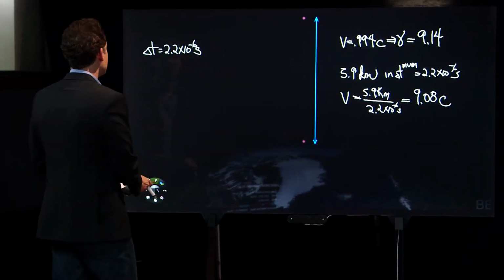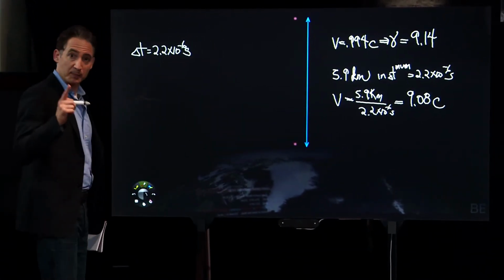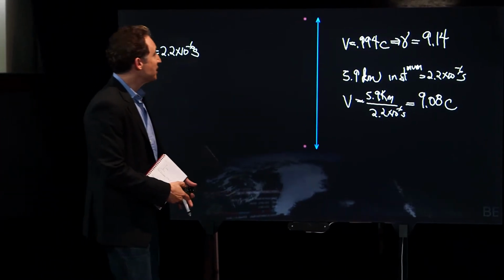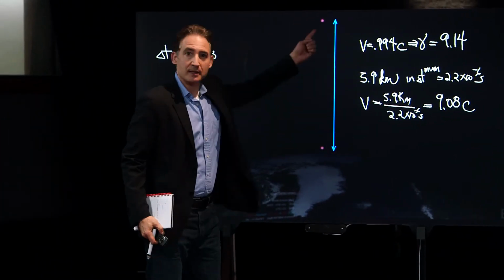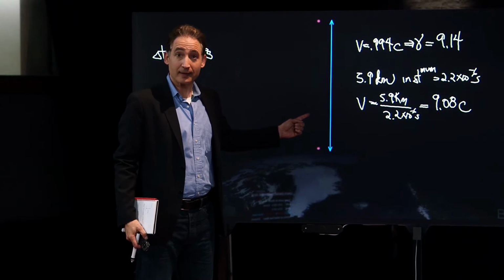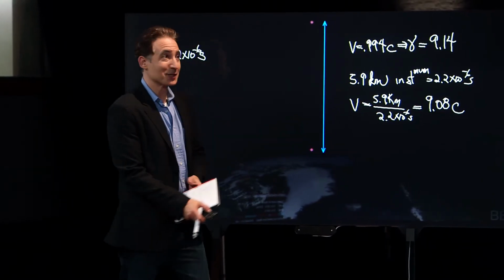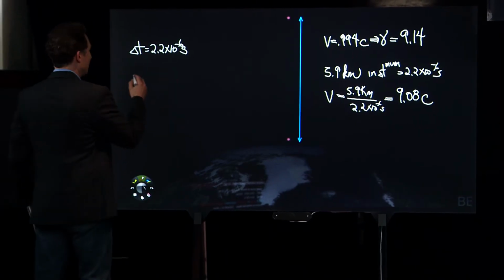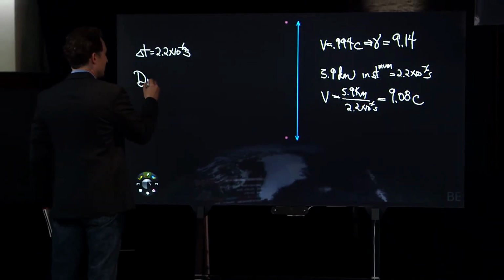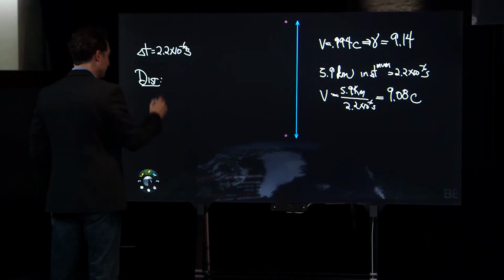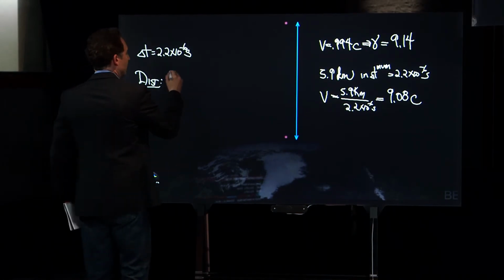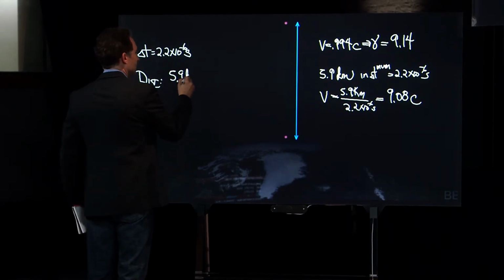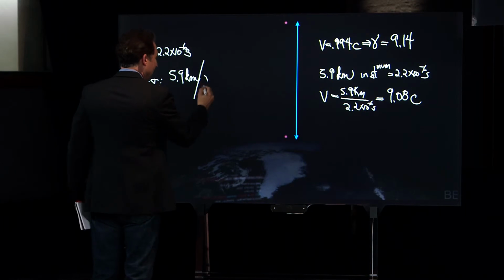Because when we're talking about things from the muon's perspective, this distance is length contracted. It is Lorentz contracted, right? So rather than going 5.9 kilometers, the distance from the muon's perspective is equal to 5.9 kilometers divided by gamma.